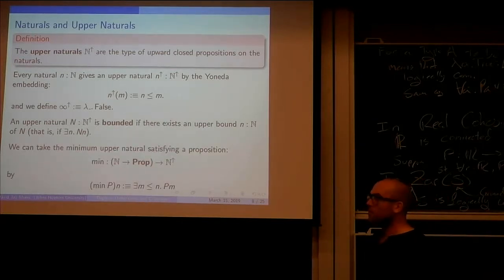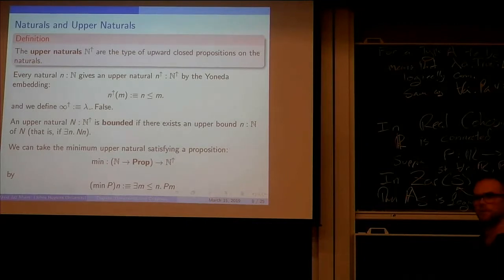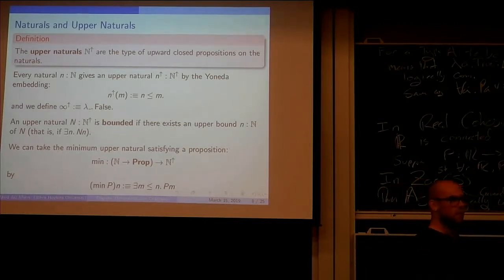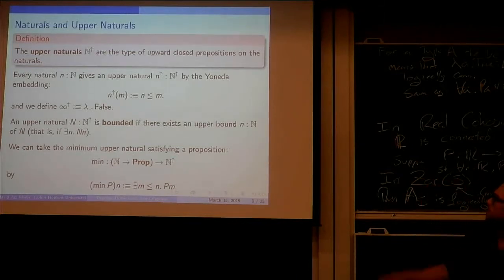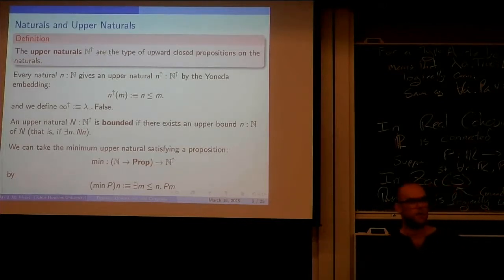And now we've solved the problem, because we can take the minimum upper natural satisfying a predicate on naturals. And you can also take the minimum upper natural satisfying a predicate on upper naturals if you can resize propositions. So how does this work? Well, what does it mean to upper bound a predicate on naturals? It means that you are above something that satisfies that predicate. That's what that definition says.